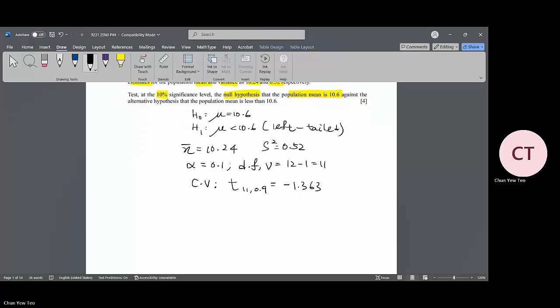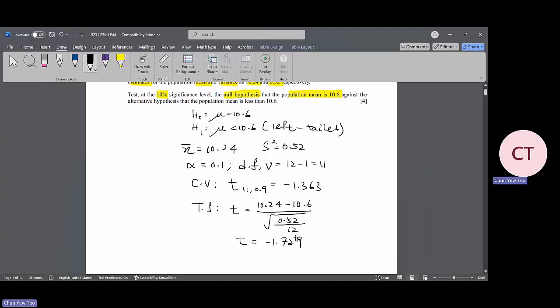Okay, so now we will be having our test statistic as t equals x bar minus the population mean, divided by the square root of the unbiased estimate of the population variance, which is 0.52, divided by 12. Press the calculator, then you will get negative 1.729. That is your test statistic.